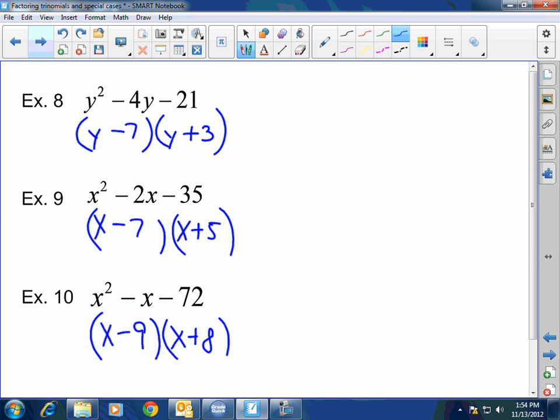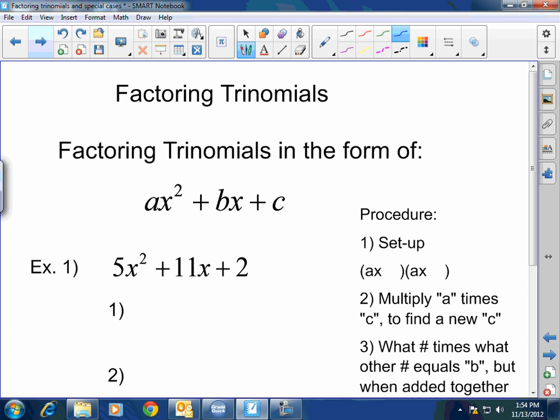Promise? Okay. Now, continuing factoring trinomials, guys. Now we're going to learn about how to factor a trinomial in the form of ax squared plus bx plus c. That a is going to always be greater than 1.